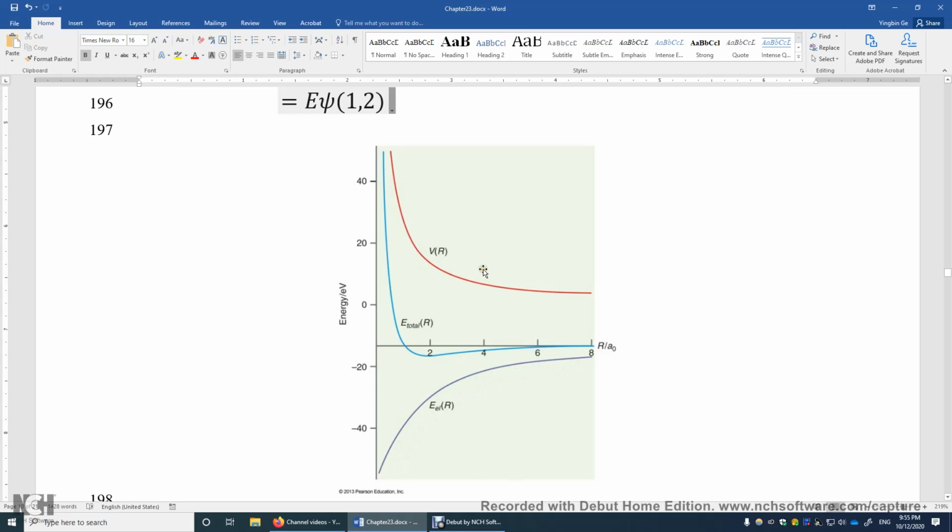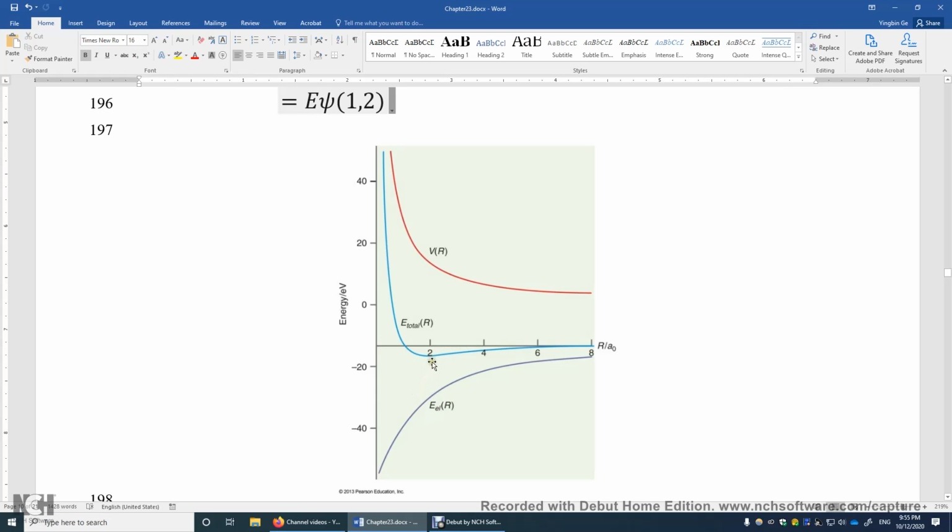So if we sum up the repulsion between the nuclei, and over here this is the electronic energy, which includes the kinetic energy of the electrons and the attraction terms, we get the total energy of this H2 molecule. It does depend on the distance between the two nuclei.